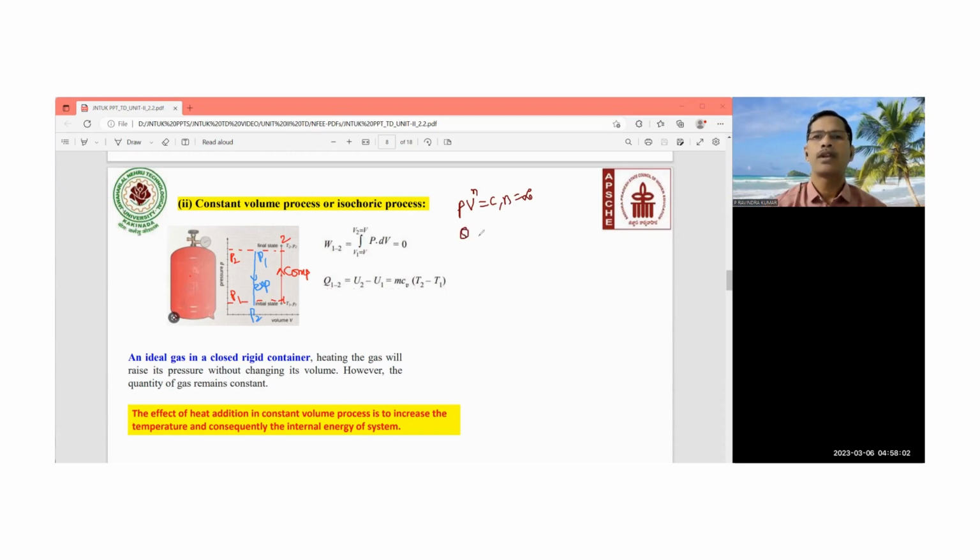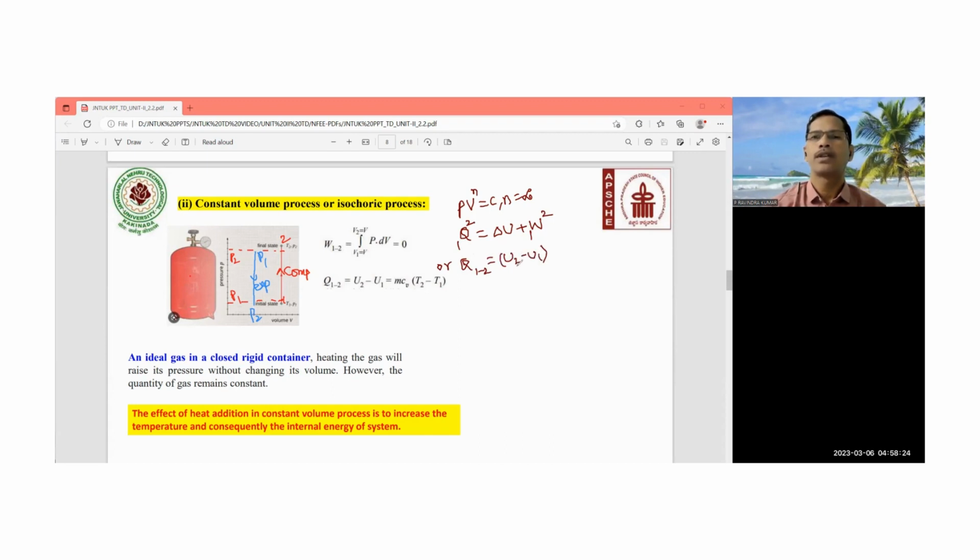When you apply the first law of thermodynamics, Q is equal to ΔU plus W. When a system changes from state 1 to state 2, this is also W1-2. Or in another way, you can write Q1-2 equal to U2 minus U1.